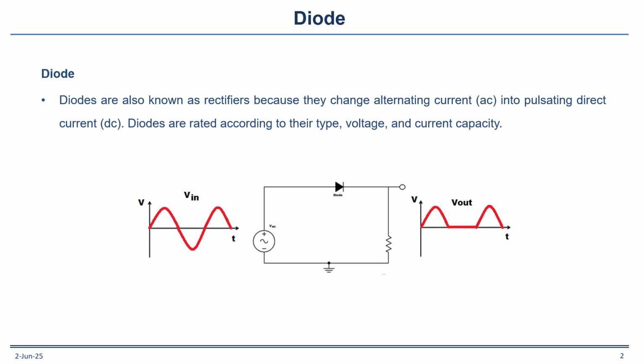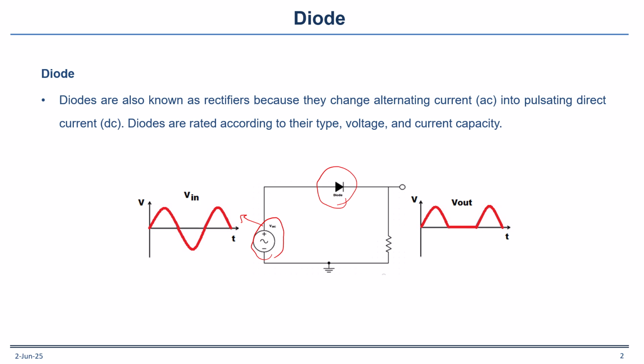So this is the symbol for the diode, and normally a diode can be installed in a circuit in series, and it can work in both AC and DC circuits. It doesn't matter. So assume that we have a voltage source like this, and it makes a sinusoidal voltage waveform, as you can see.